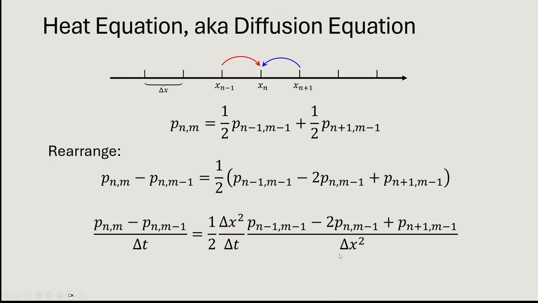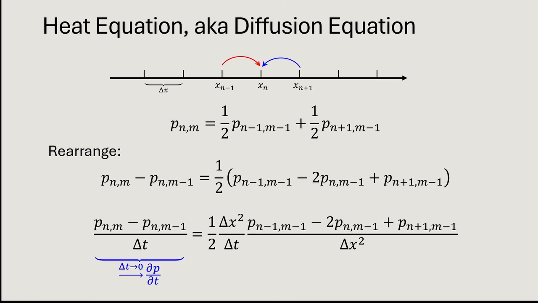And in particular, on the right-hand side, we divide and multiply by delta x squared. Notice that on the left-hand side, the position indices are the same, n, while the time indices differ by 1. In comparison, on the right-hand side, the time indices are all the same, m minus 1. And the position indices are n minus 1, n, and n plus 1.